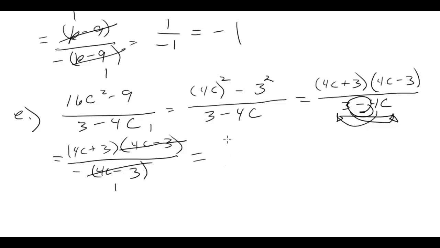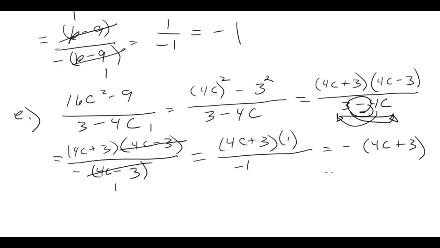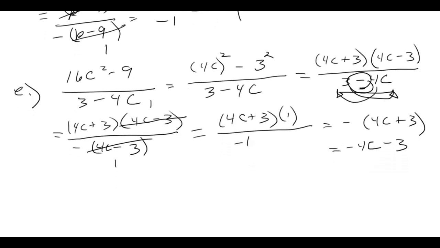So technically this becomes the quantity 4c plus 3 times 1 over minus 1. Well, I can simplify that. This is going to become minus 4c plus 3. And if you want, you can distribute the minus. I don't really care one way or the other. Those two terms are equivalent.